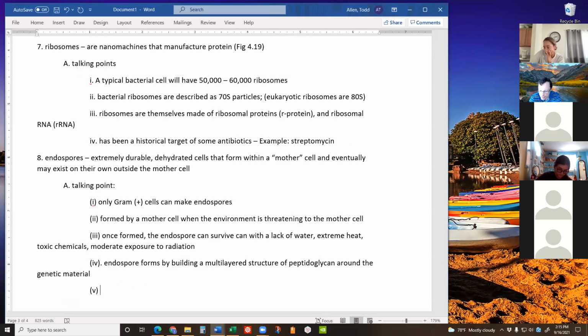Obviously, endospores do present a problem for humanity in certain circumstances, right? Think about the food industry, food spoilage, the canning industry where you're trying to preserve foods. The last thing you would want to do is go into your grandmother or grandfather's house and get some canned food that they prepared 40 years ago and open it up and eat it, right?